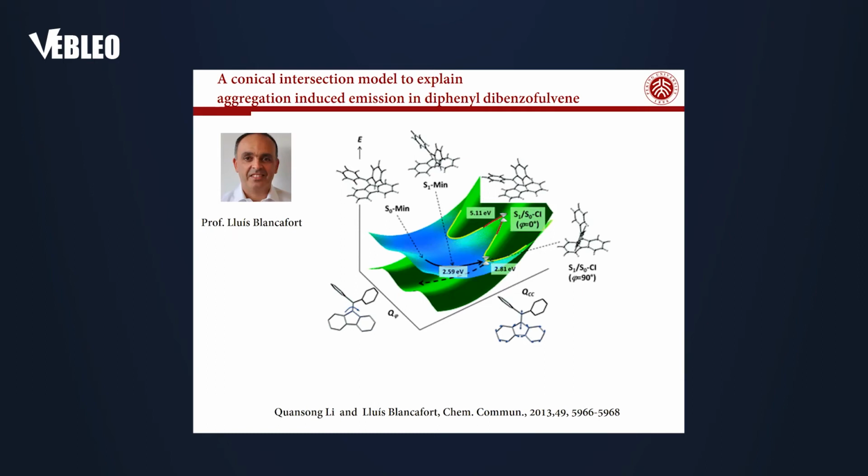So his research group did ab initio calculations on an AIE molecule, and their calculations suggested that this molecule has a conical intersection to release its electronic excitation energy in solution. But very unluckily, this molecular system does not have any observables that can be experimentally directly tested.